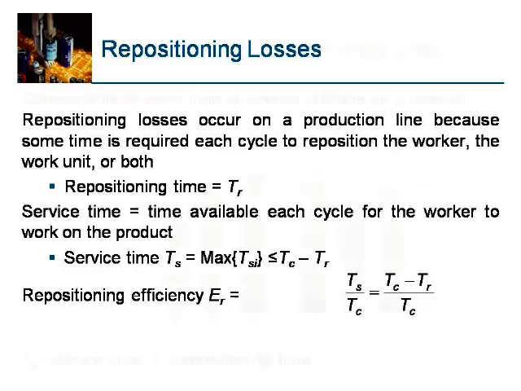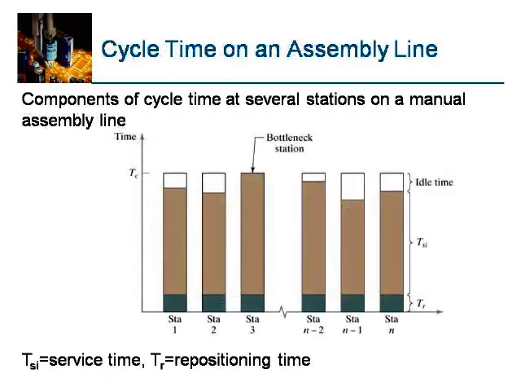repositioning himself. Components of cycle time at several stations on a manual assembly line are typically shown here. You can see it here. This white portion shows the leisure or idle time.